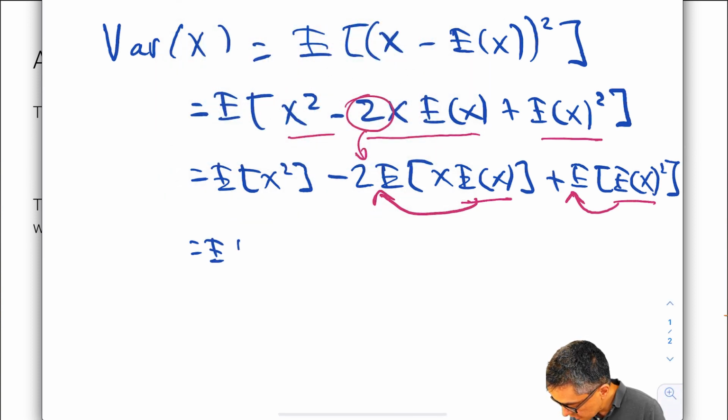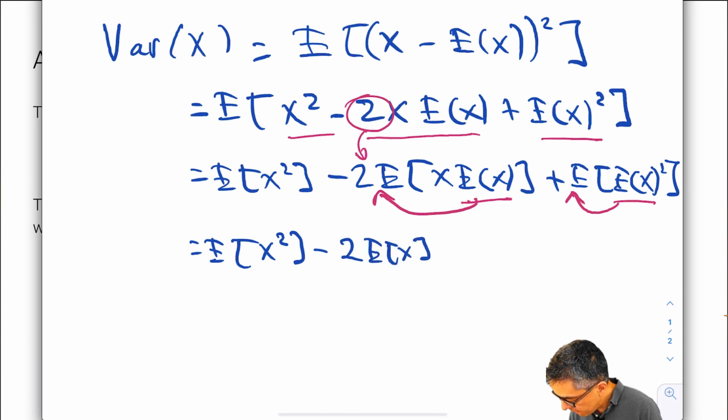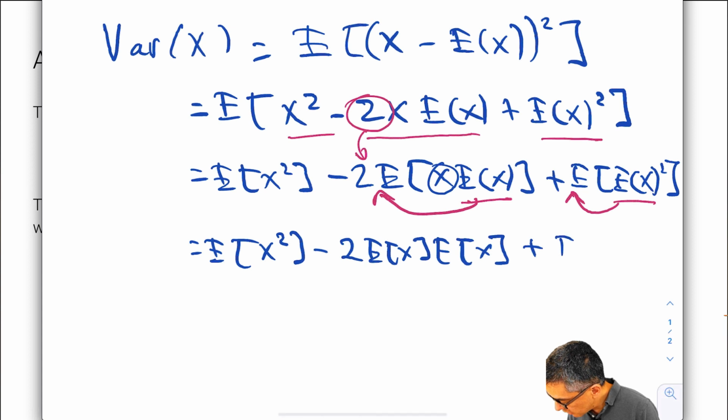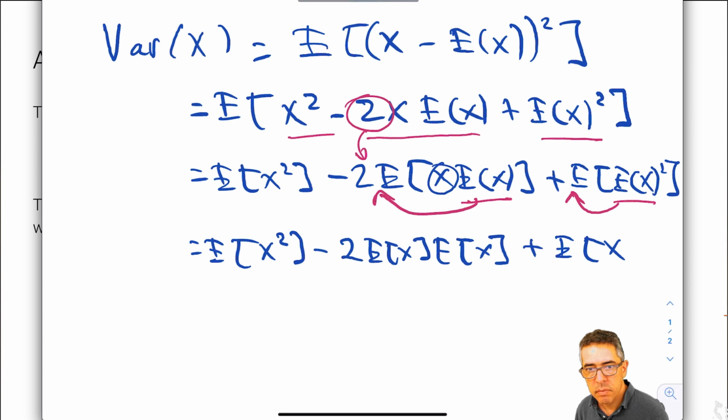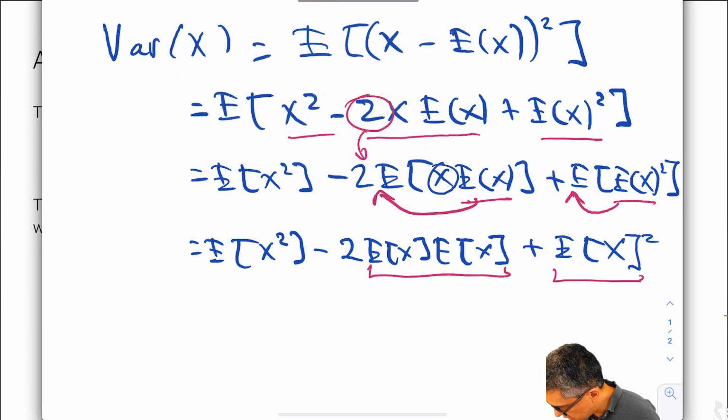This is the expectation of x squared minus twice expectation of x times expectation of what's left in here, which was this x, right? Plus the expectation of x quantity squared.